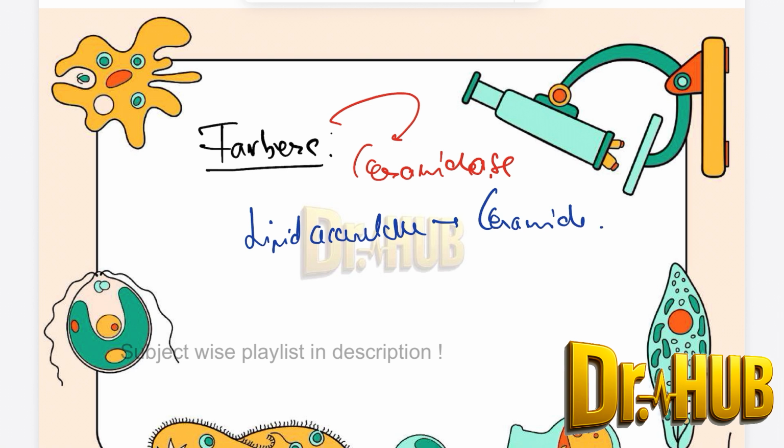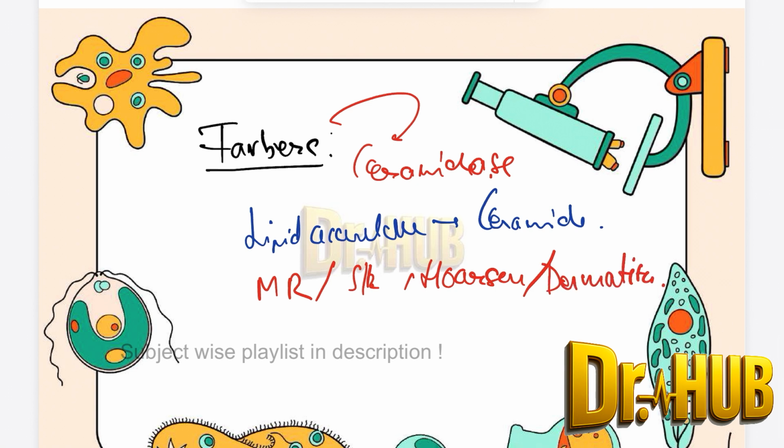The clinical symptoms are hoarseness, dermatitis, skeletal deformities, mental retardation, as well as being fatal in early life. As we saw previously in Niemann-Pick disease, Farber's disease can also be fatal in infants. So this is about the lysosomal lipid storage diseases.